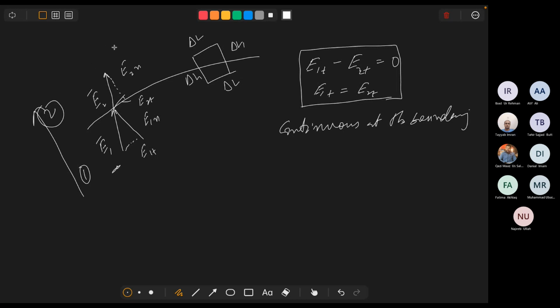Is this electric field produced by those charges or by some other sources? By some other sources at the moment. If we consider the electric field is produced by these charges, that will be a different case. Okay.